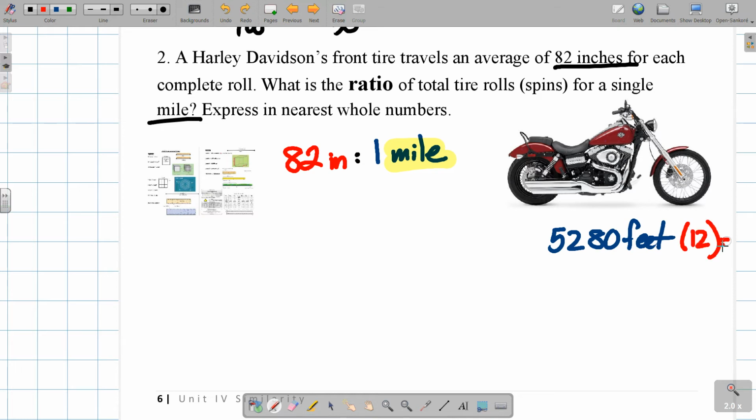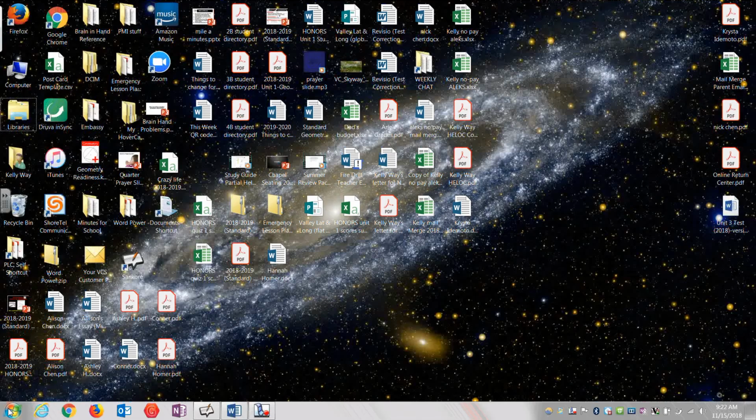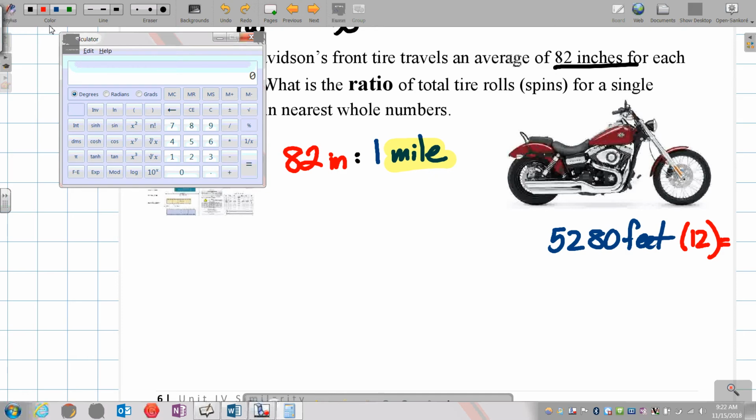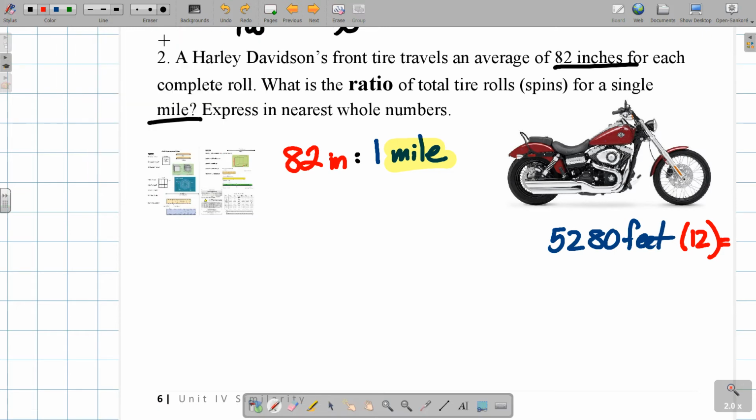12 inches per foot. Yes, for something like this, you may use a calculator. So 5,280 feet times 12 is 63,360.